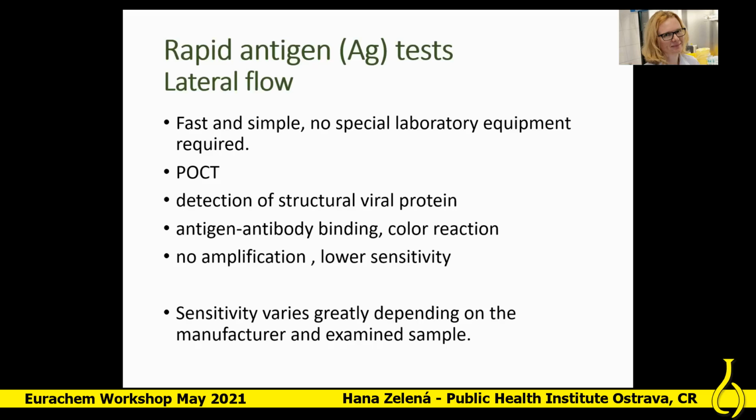They are based on the binding of antigen with antibody, and then we can see a specific color reaction. In the case of antigen tests, we don't perform any amplification, and therefore the sensitivity of this test is much lower.